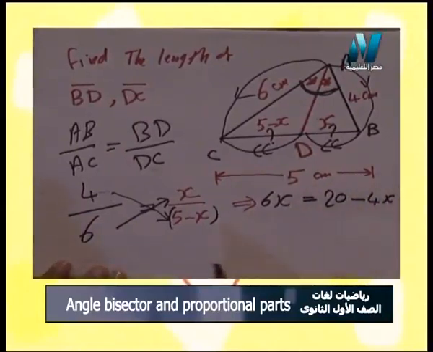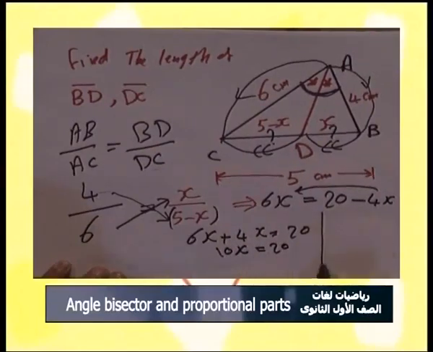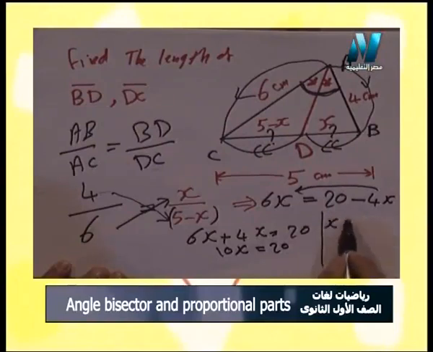Okay, so we have here 6x equals 20 minus 4x. We can transfer negative 4x here and write it like that: 6x plus 4x equals 20. 6x plus 4x equals 10x equals 20, and x here equals 20 divided by 10 equals 2 centimeters.